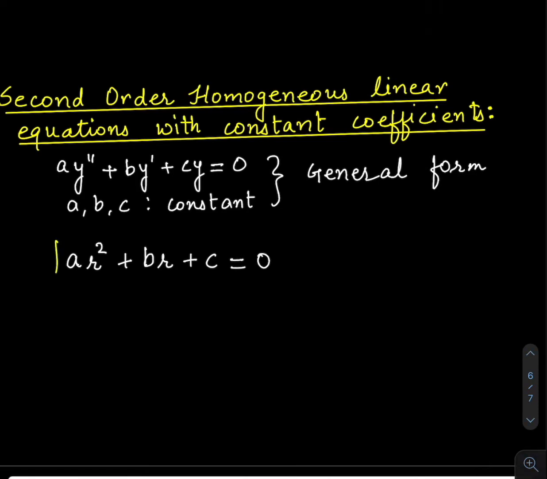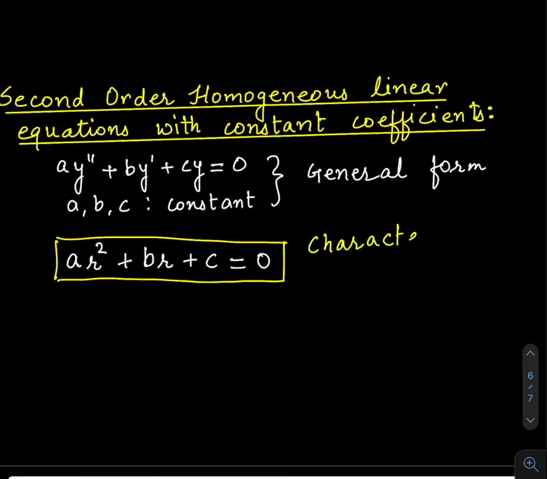This is our characteristic equation for the above ODE. This is a very important equation to determine the solutions, because we saw that if r is a root of this equation, then e power rx is a solution to this ODE.